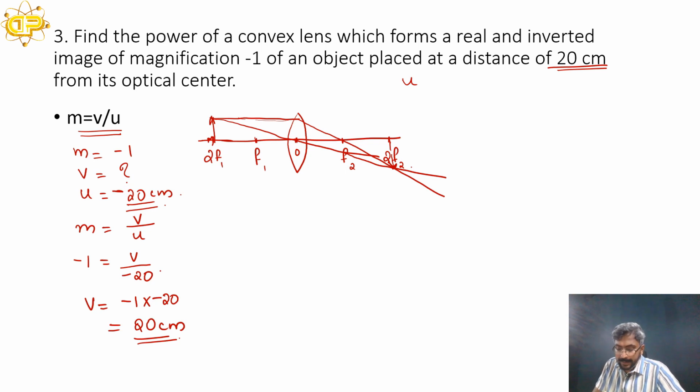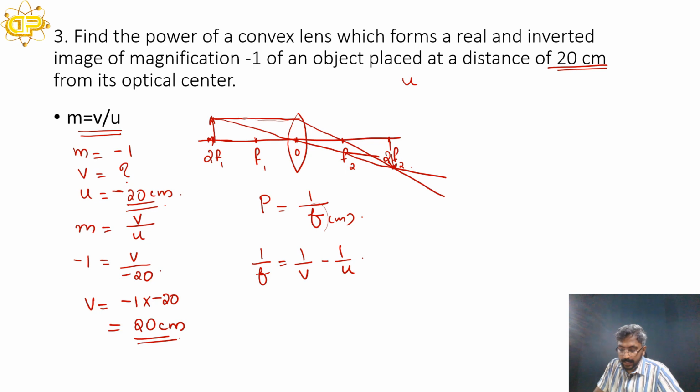Now this is a ray diagram, and you're asked to find out the power of the lens. Power of a lens is given by 1 by f, with f expressed in meters, but f is not given. You can find f by the lens equation, 1 by f is equal to 1 by v minus 1 by u.